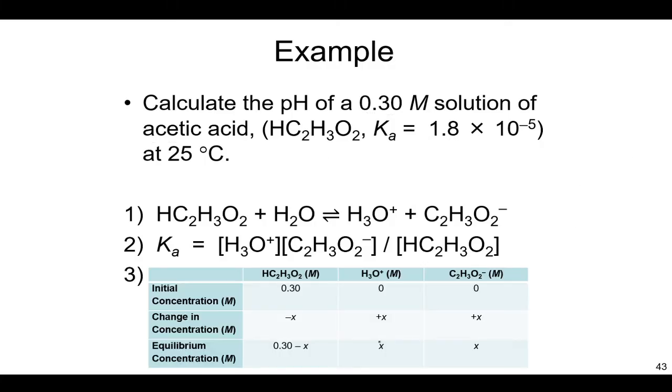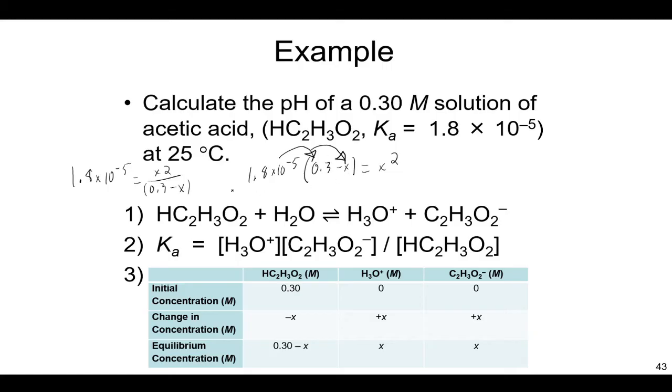Rearrange and use the quadratic formula. So I can do that. I can take this 1.8 times 10 to the negative 5 equals x squared over 0.3 minus x. I can multiply both sides by this 0.3 minus x. Okay, I can distribute this to both, write that out.